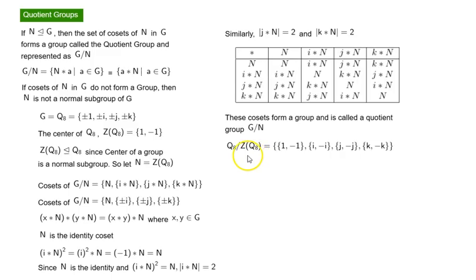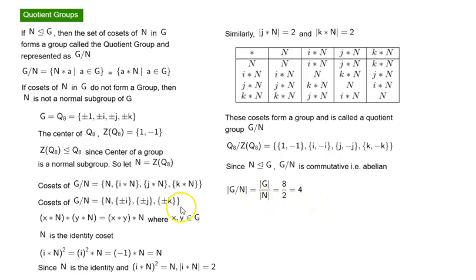This quotient group of Q8 by Z of Q8 is equal to, remember the subgroup itself forms a coset, then we have I, minus I, J, minus J, K, minus K. Since N is a normal subgroup of G, G by N is commutative, that is abelian. Order of G by N is equal to order of G by order of N, which is equal to 8 by 2, which is 4.